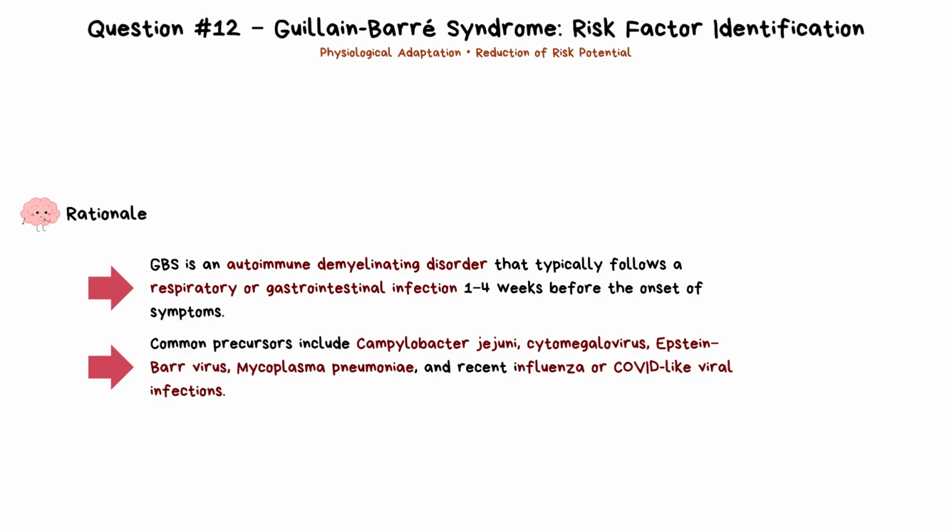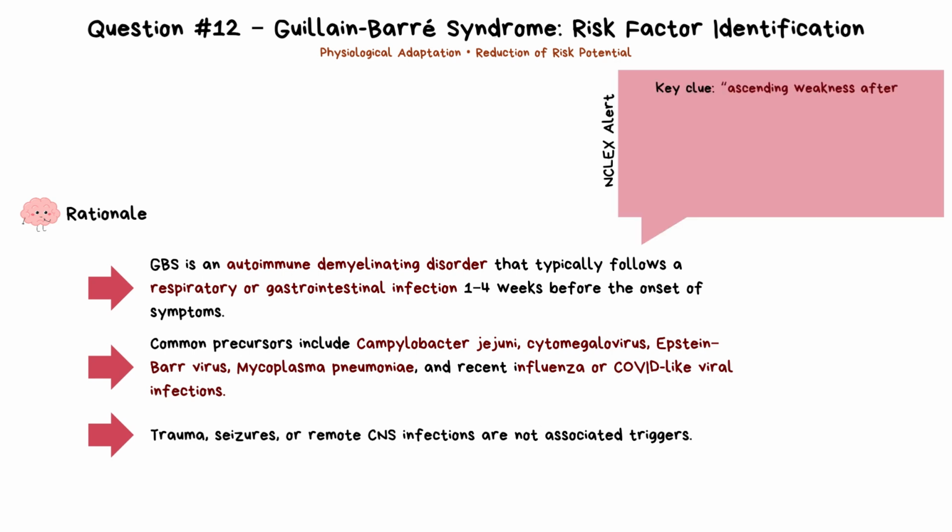The immune system's response to these infections accidentally targets the body's own myelin, leading to nerve conduction failure and progressive weakness. The other options, trauma, seizures, or past meningitis, don't have a causal link. So when you see a question pairing recent infection with ascending weakness, always think Guillain-Barré syndrome.